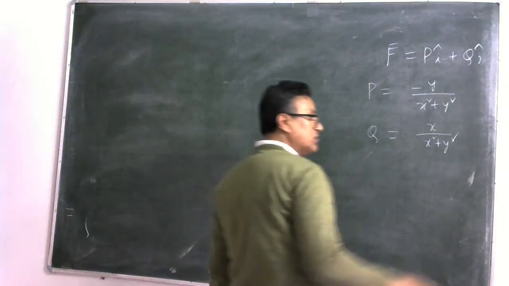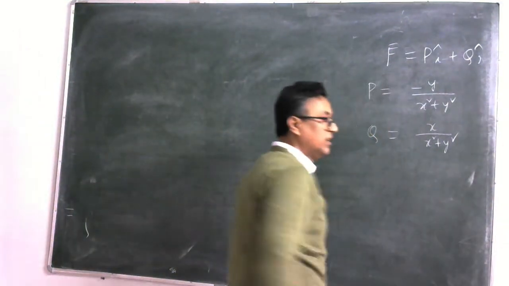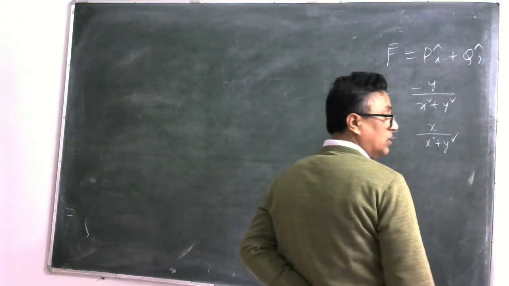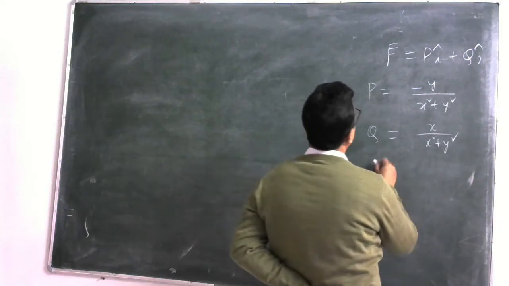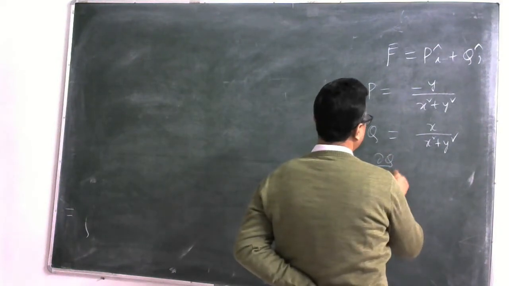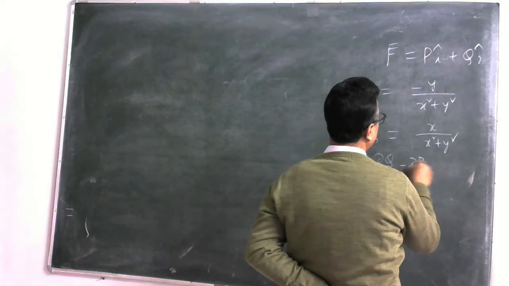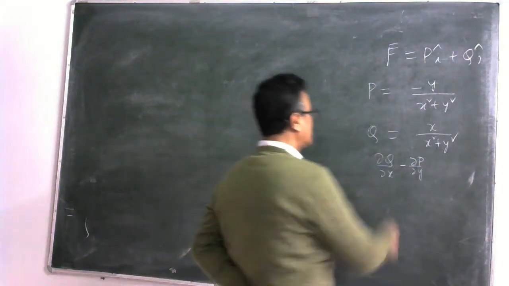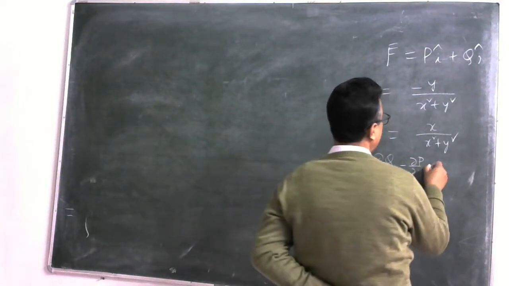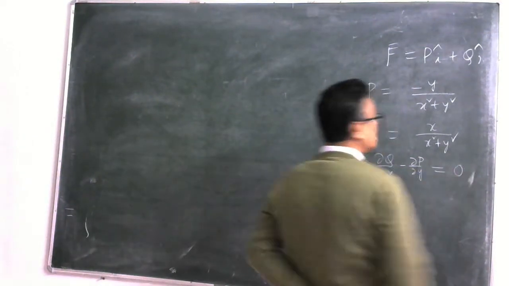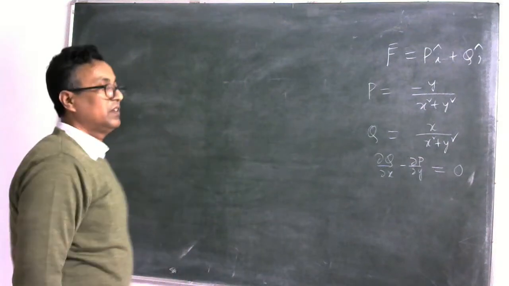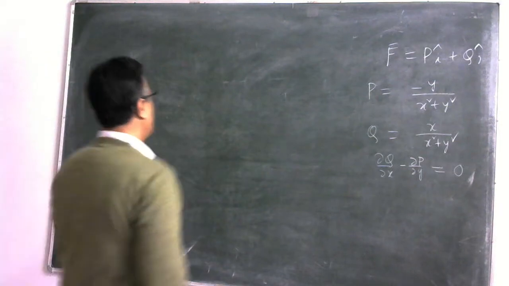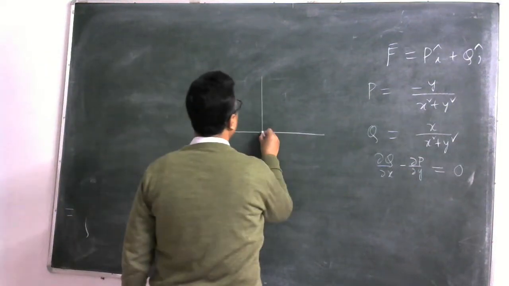And let me guarantee you that you are going to find it yourself that del Q del x minus del P del y gives you the value 0. You can easily check this here.